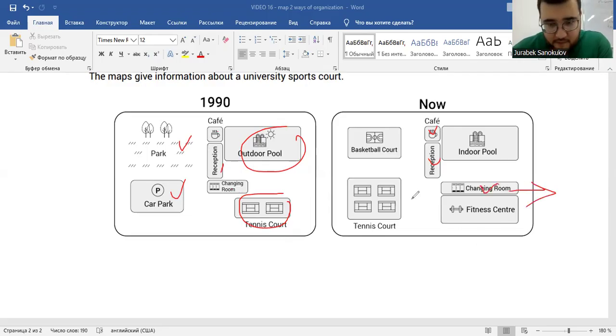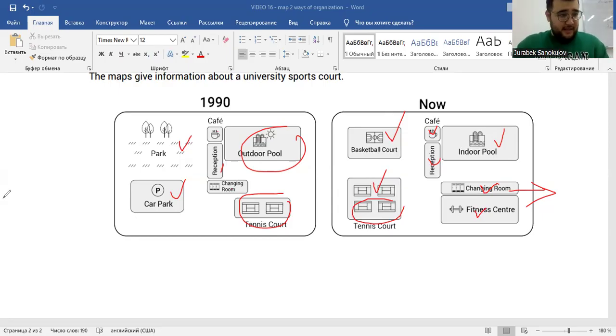Then a brand new fitness center has been introduced, and the tennis courts were relocated and doubled in number, and the park disappeared, and a basketball court was established instead of that. Now the outdoor pool is an indoor pool.